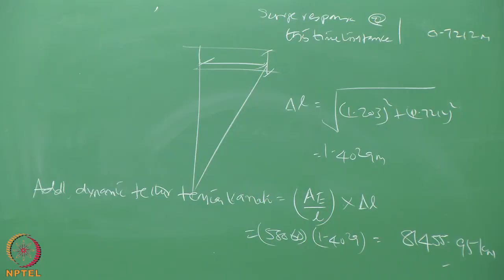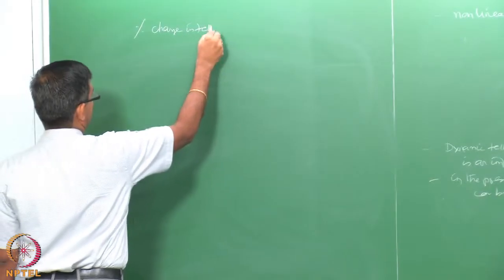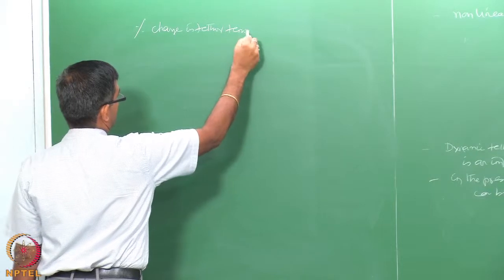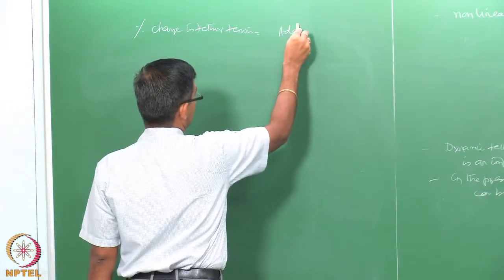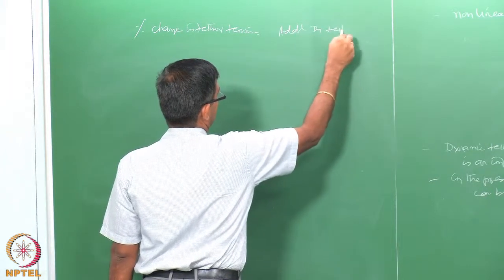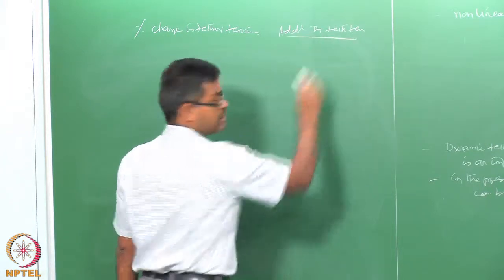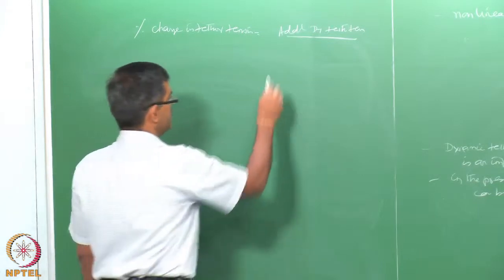Therefore, the percentage change in tether tension is simply the additional dynamic tether tension divided by the initial T naught.